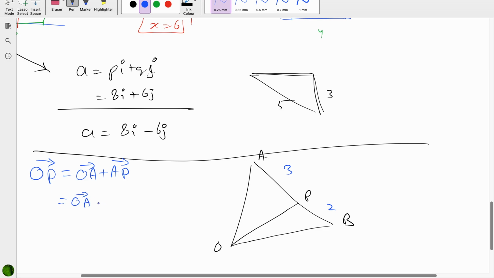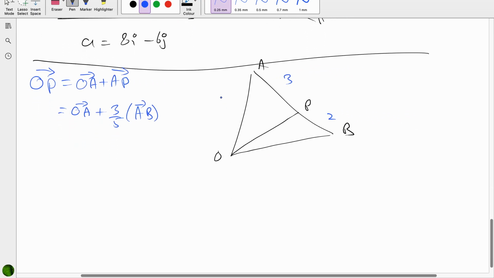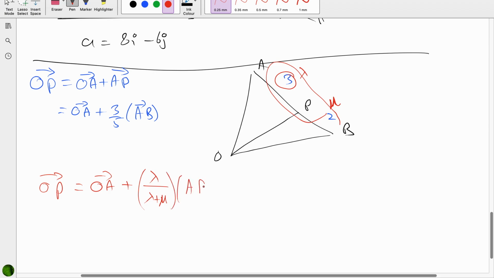I can write OA plus 3 out of 5 of AB. Is it okay? In the question we just discussed, because the values were unknown, we considered unknown variables, lambda and mu. So this is the only difference, that OP is equal to OA plus that was 3 by 5, right? So now this is lambda by full of AB.